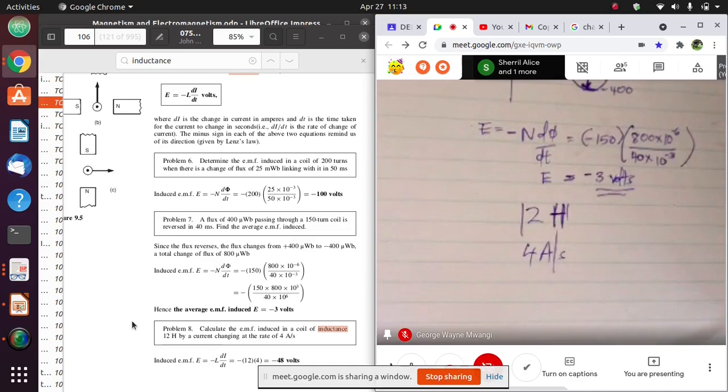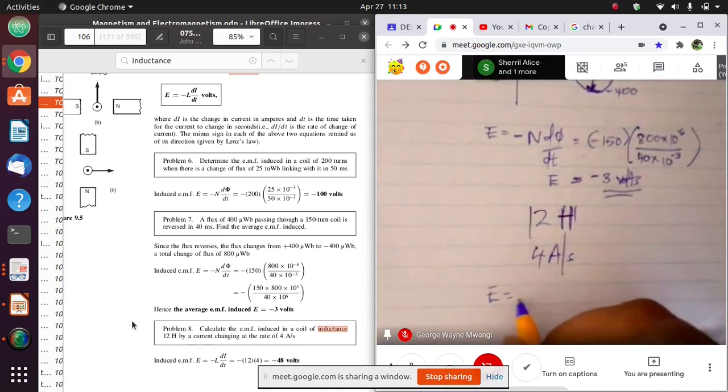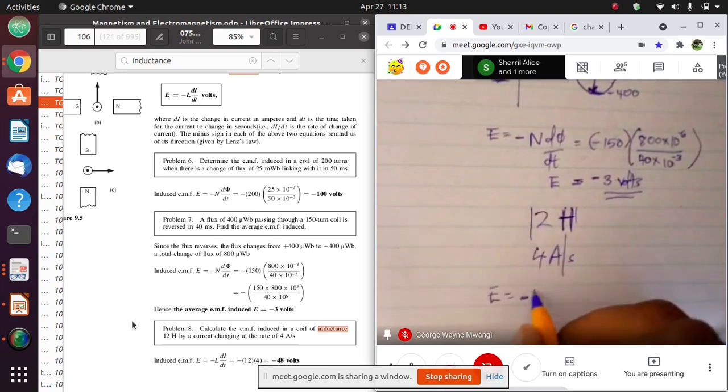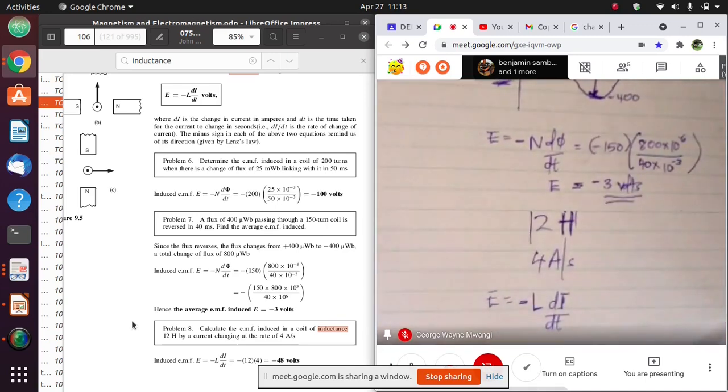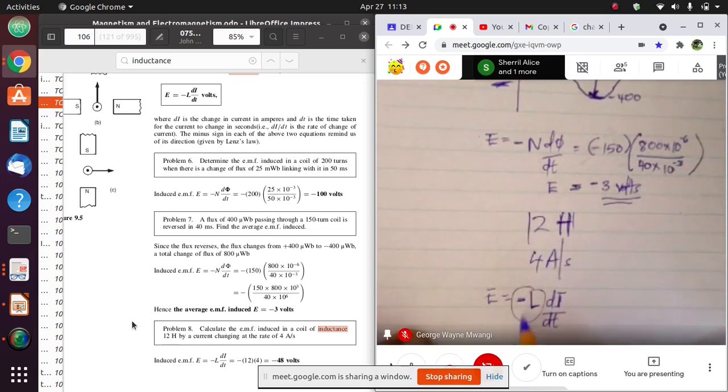Now we will use the second formula, ambayo ilikuwa the induced EMF will be given by the inductance, remember always to put a negative, multiply by the change in current over the change in time. Now we have been given the value of inductance, L is 12 Henry.